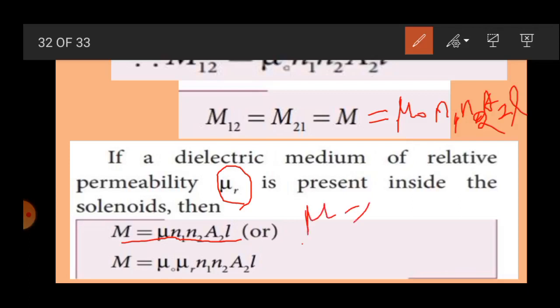Mu is equal to the permeability of free space into the relative permeability mu r. Now substitute here: M is equal to mu naught mu r n1 n2 A2 into L. So students, this is the mutual inductance between two long coaxial solenoids. Understand? This is for a dielectric material, and the earlier one is the permeability of free space equation.